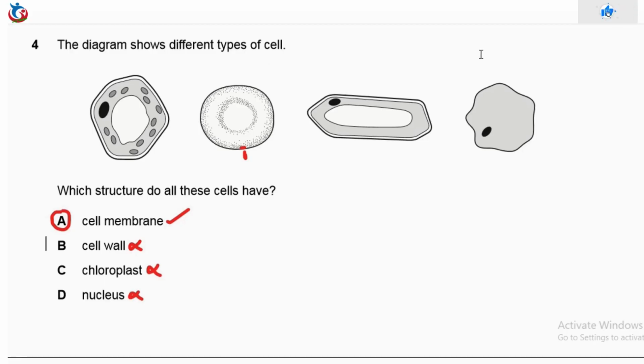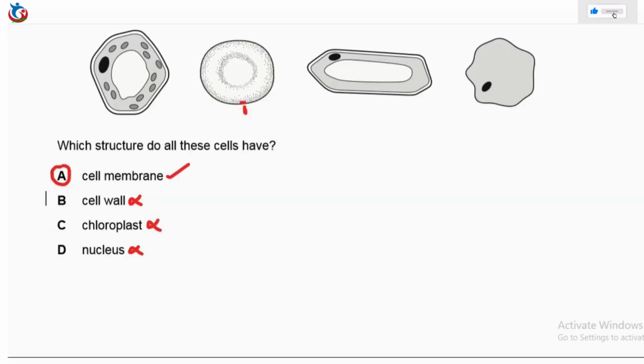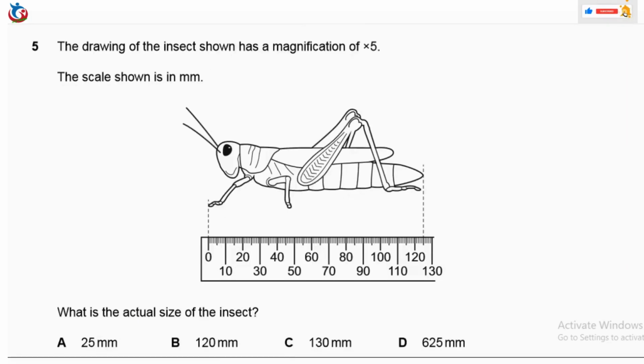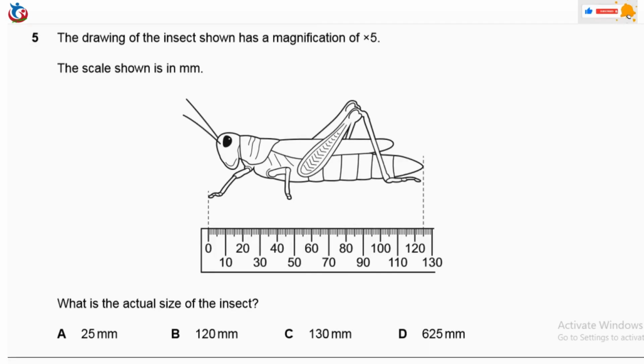So we'll now proceed to question 5. Question 5 says, the drawing of the insect shown has a magnification of ×5. The scale shown is in millimeter. What is the actual size of the insect?